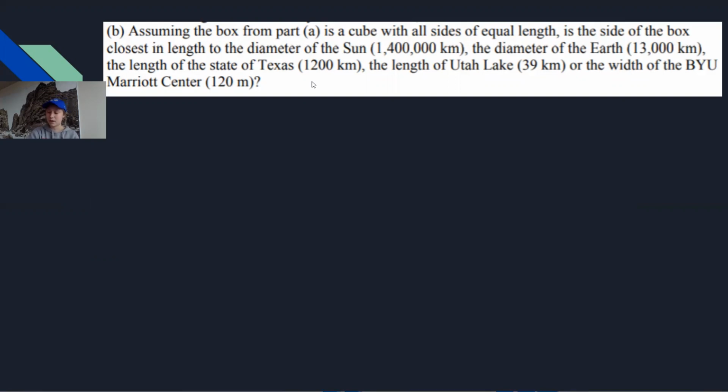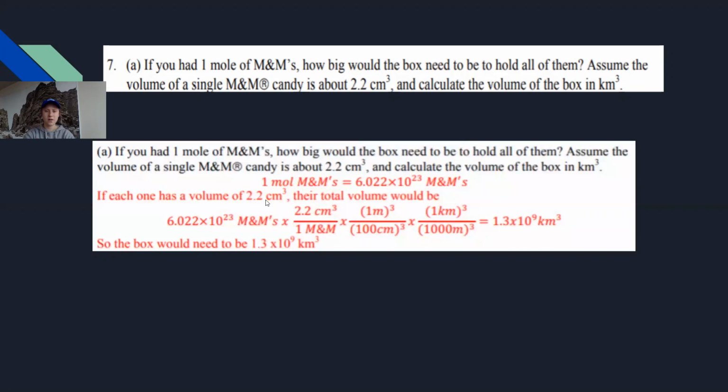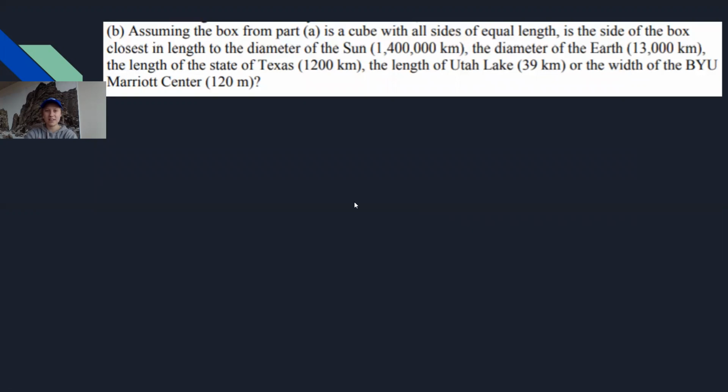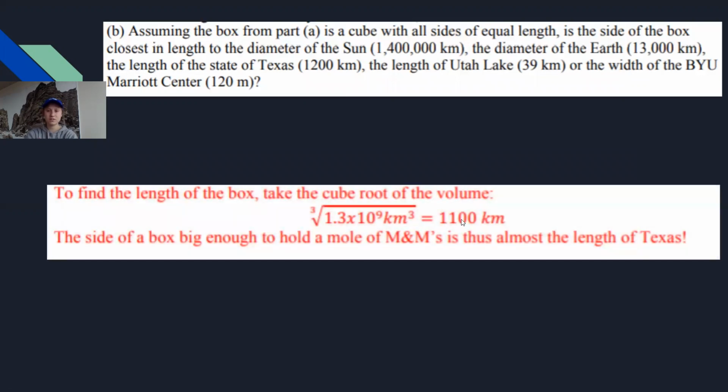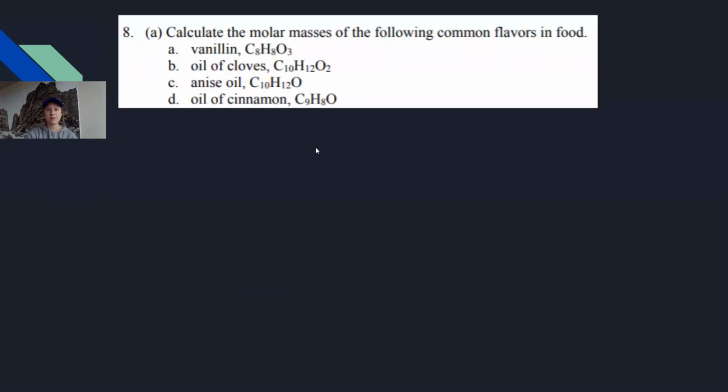I'm not going to work this out, but all you have to do is take the number you found from this problem and take the cube root of it, so you can get the side of a box. Then up here you'll compare it to all the things. So the length of the side of the box needs to be about as long as Texas.